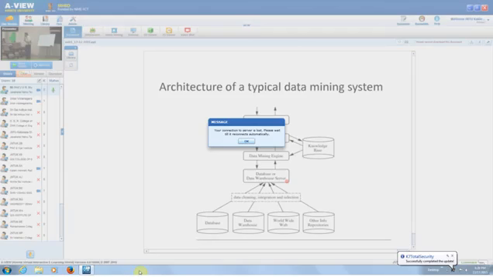But your warehouse is a denormalized one. In your conventional online transaction processing, you have tables that are normalized to the third normal form to the possible extent, some to the second normal form. But your data warehouse is a denormalized one.